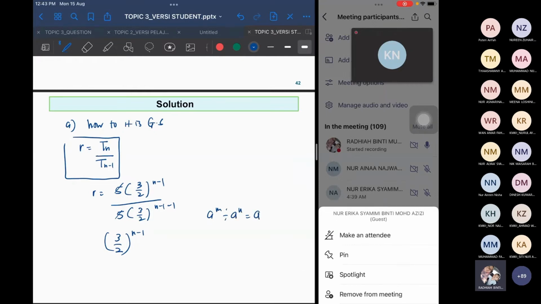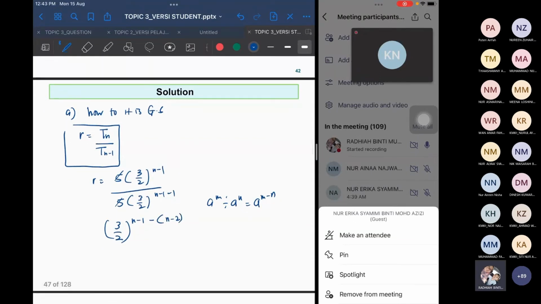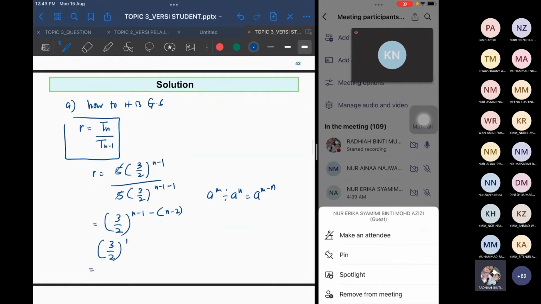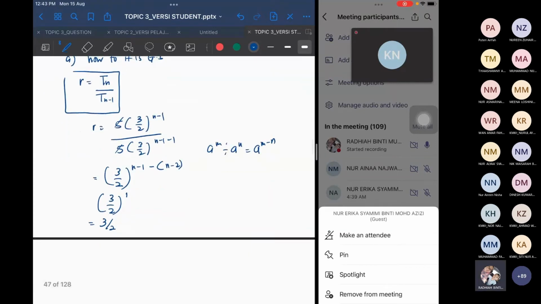So awak akan dapat AM minus N. So kat sini saya buat tolak N minus 2. Okay. And then you solve, you akan dapat 3/2. So N minus N kosong. Negatif 1 tambah 2. So awak dapat kuasa 1 kat sini. So you punya common ratio is 3/2. Therefore, okay, so our ratio is 3/2.